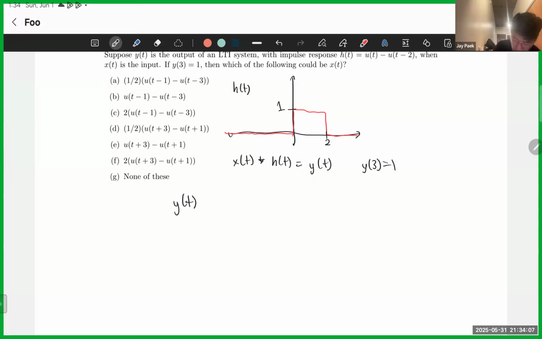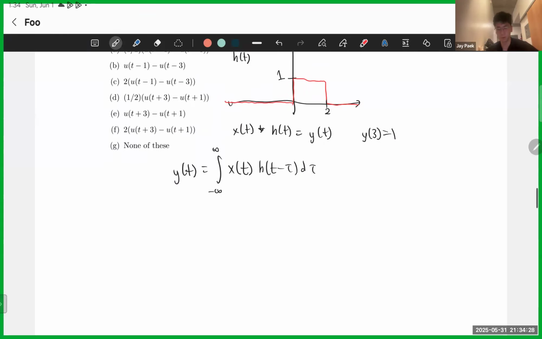I know that y of t is equal to the integral from negative infinity to infinity of x of tau, and I'll bring in h of t minus tau. I think this is the nicer way.